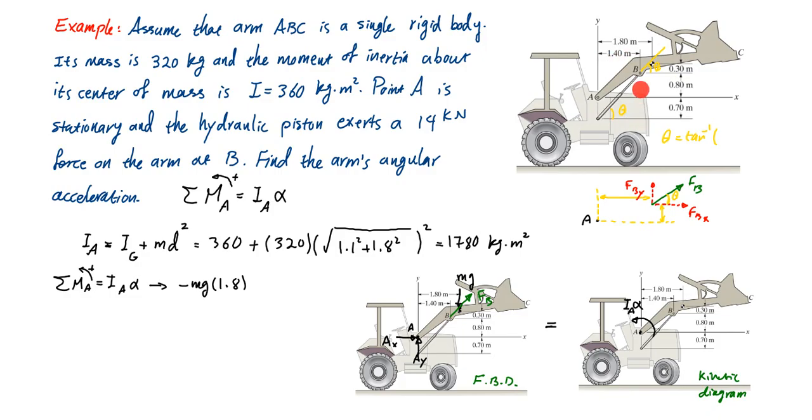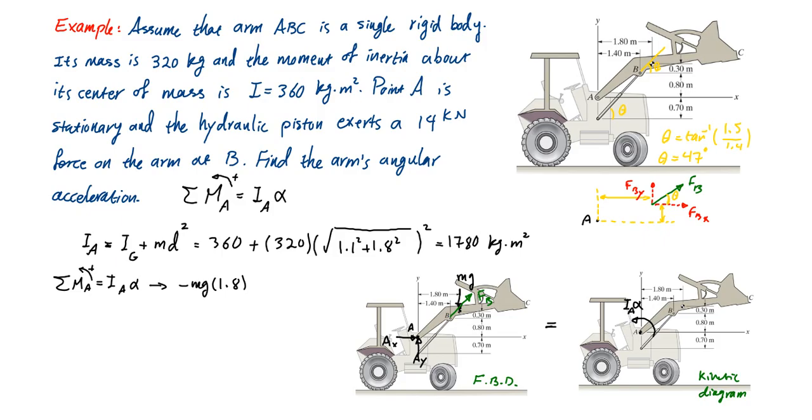So theta is tan inverse of 1.5 over 1.4. That gives me theta as 47 degrees. So I can find theta.